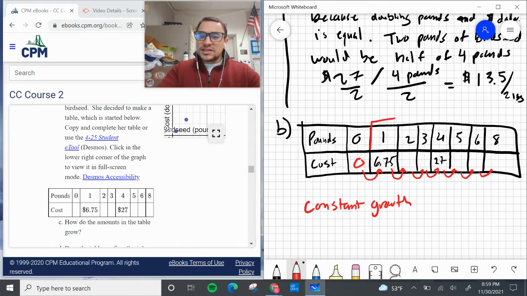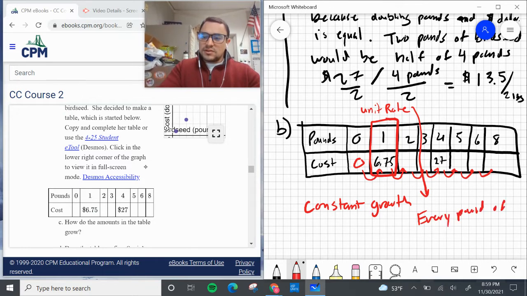The one thing here is this right here is very important. This is what's called a unit rate. For every pound of birdseed, I'm going to go ahead and bring that down. This is a note. Every pound of birdseed is $6.75.